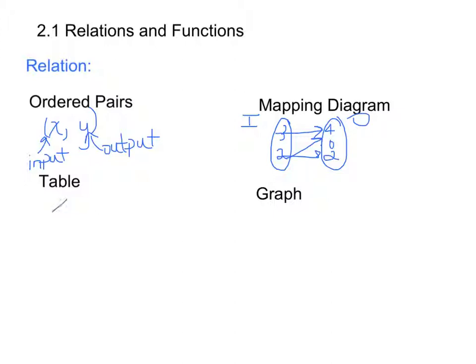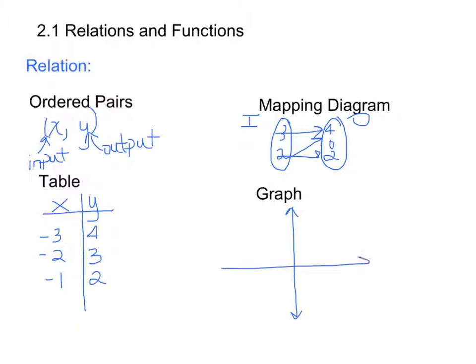Or you can have a table of values where X is still input and Y is your output. Or on a graph, you can also show the input output by the points on the graph.